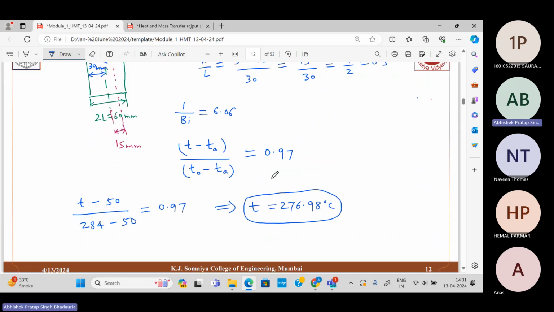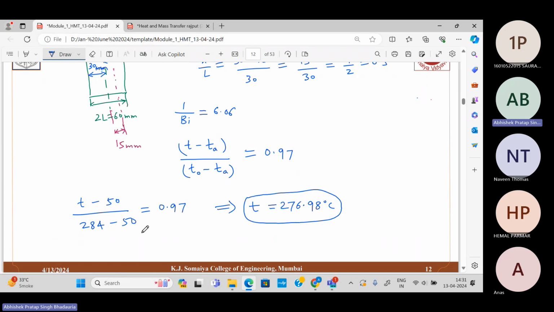Otherwise, even if it is not asked in the problem to determine the center line or the midplane temperature, we will follow a similar procedure. First of all, we'll find the center line or the midplane temperature, and then we will use the Heisler correction factor chart, and from that we will find the correction factor.